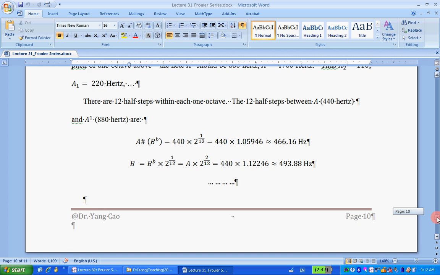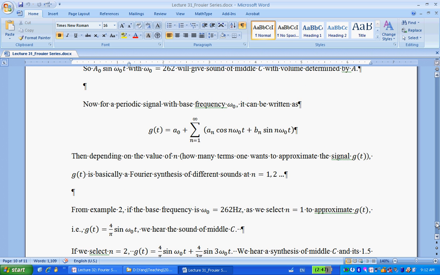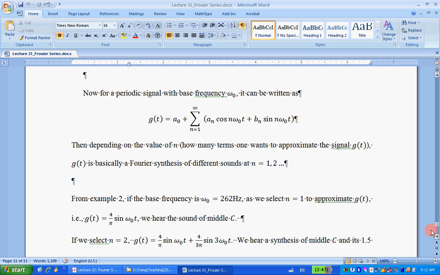So if you're playing the frequency of a C note, 262, and you have a Fourier series expansion, for example, for a periodic function g of t equal to this, it's a combination of two things. If omega naught is the base frequency of the C note, then you have another one at 3 times this base frequency.